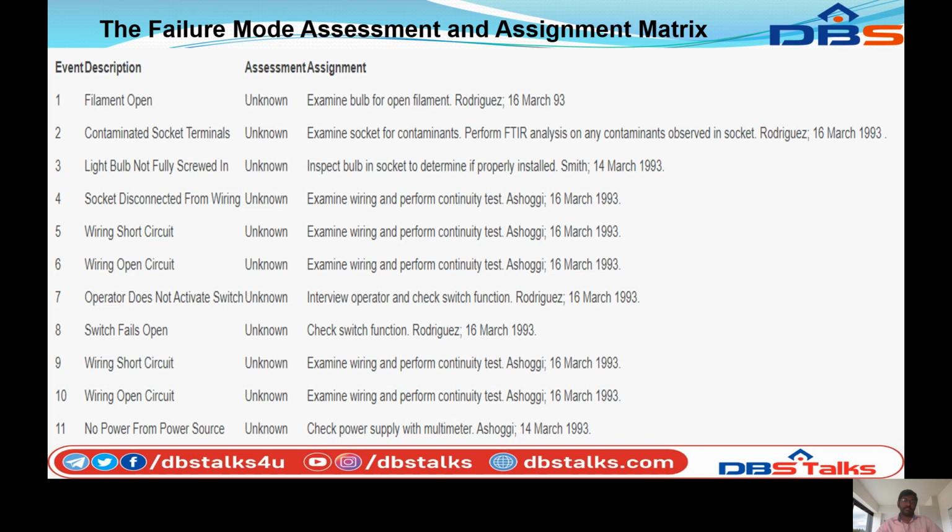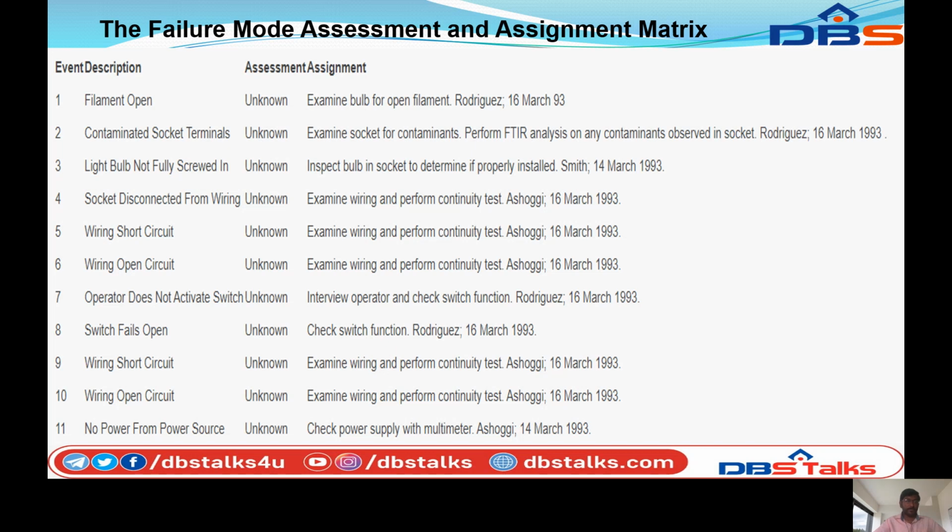The first is the event number, the second column is the description, the third column is the assessment, and finally the fourth column is the assignment. So we can discuss it one by one.